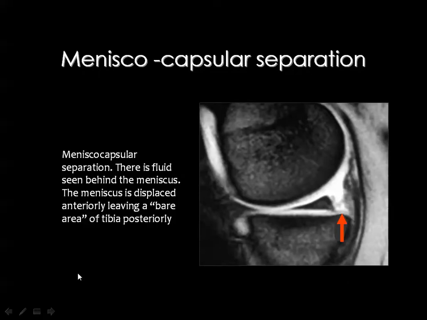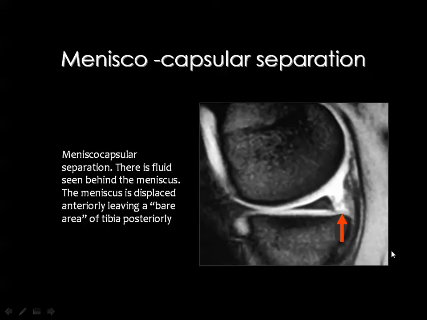The diagnosis is based on a gap between the posterior horn of the medial meniscus and the capsule, and very importantly, this gap is filled with fluid.